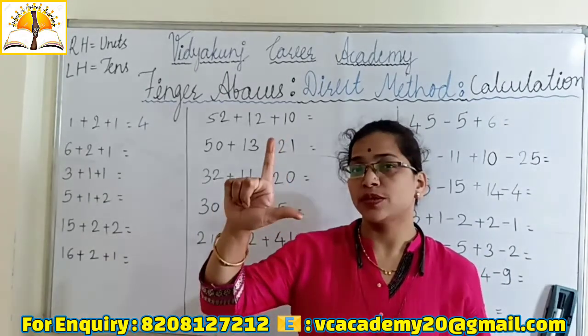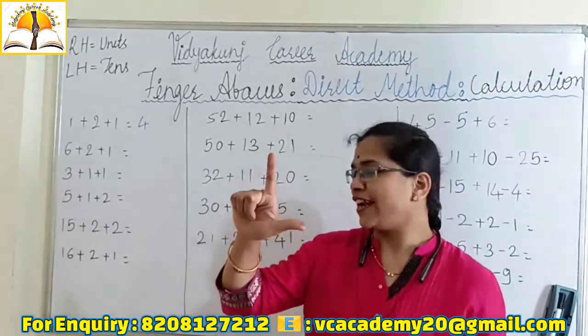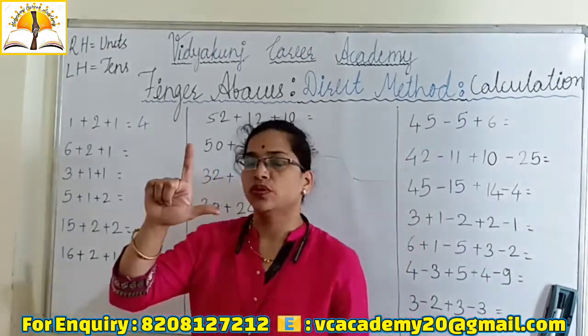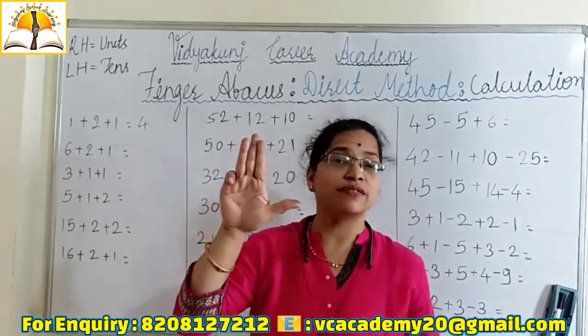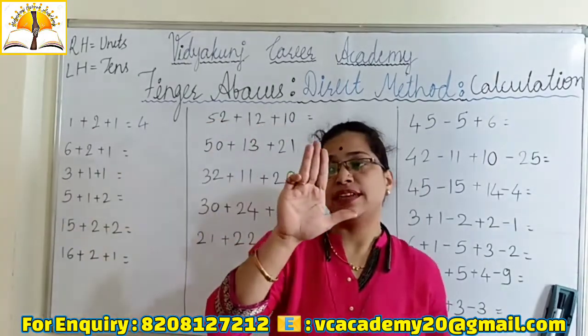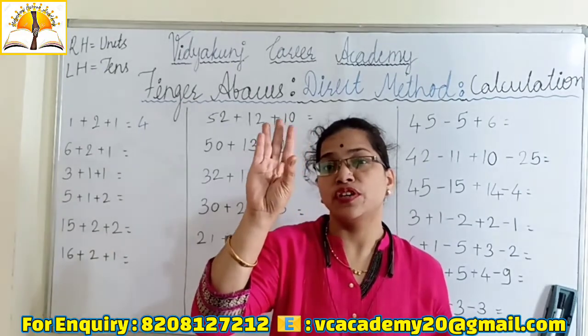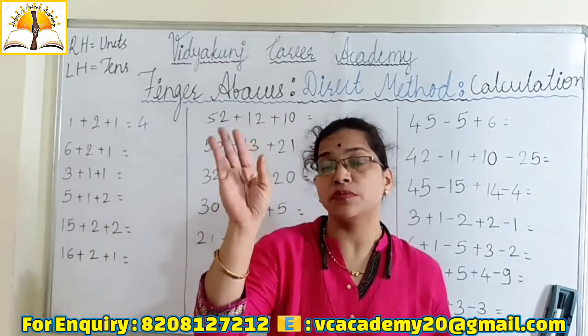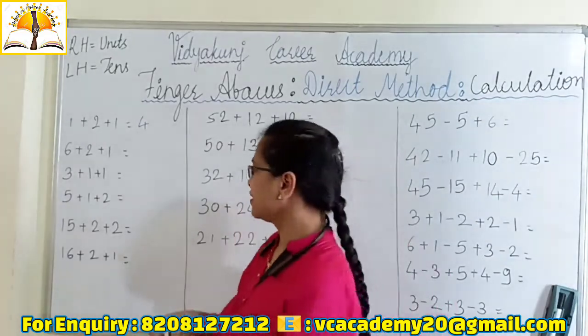Thumb plus 1 is 6. The next number given is 2: 1, 2. Done. And the next number given is 1. I will raise 1 finger. What is its answer? All fingers of the right hand means 9.